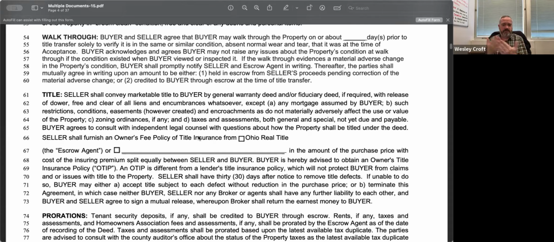Either the seller has money held in escrow so that it can get fixed, or the seller has to credit the buyer X amount of dollars, whatever they agree on, through the closing. So that's another contingency that's sort of built in.